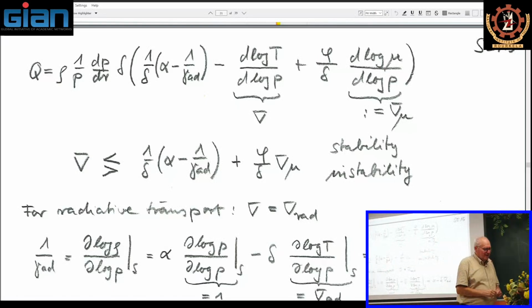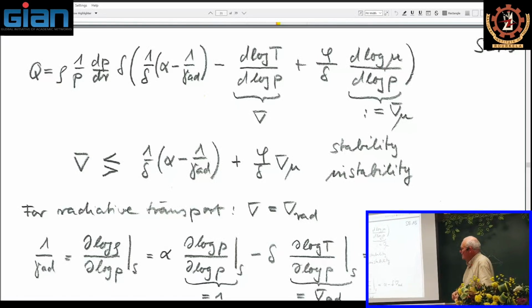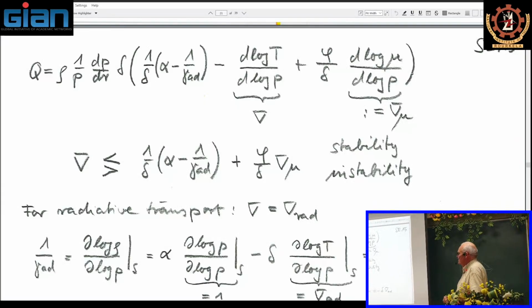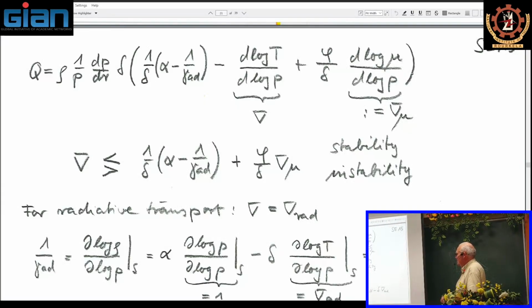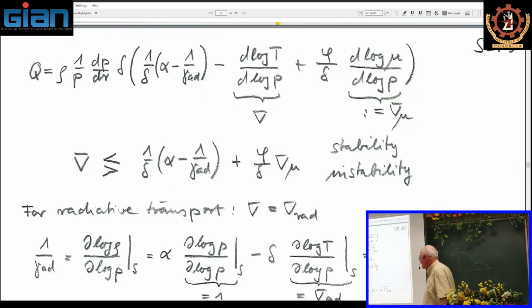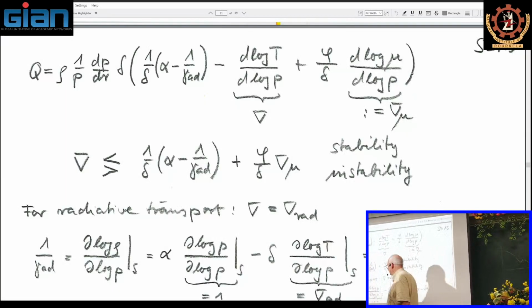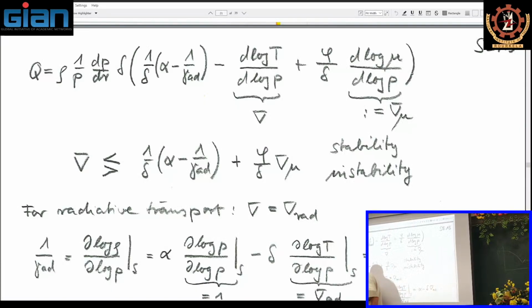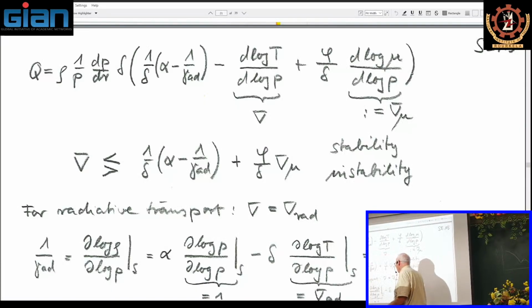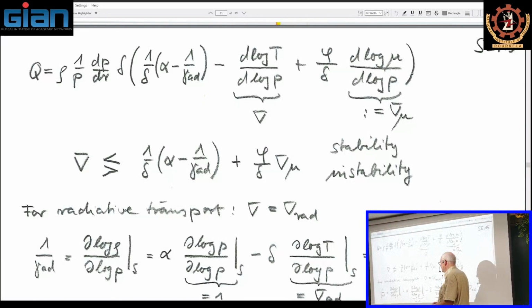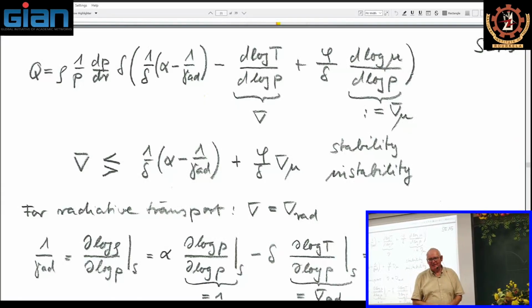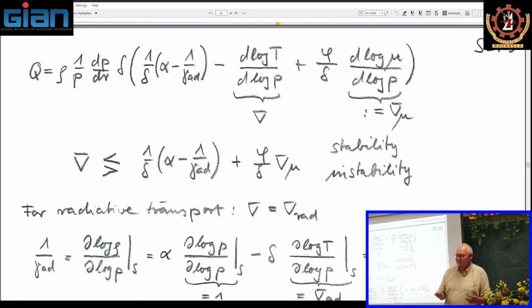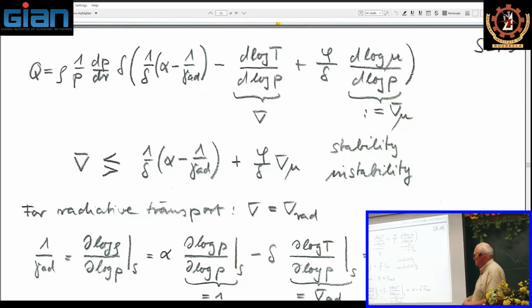Now, this combination of the various thermodynamic derivatives can be given a much simpler form, because 1 over gamma adiabatic you can rewrite in terms of alphas, deltas, and the so-called nabla adiabatic. Nabla adiabatic was d log T by d log P at constant entropy.